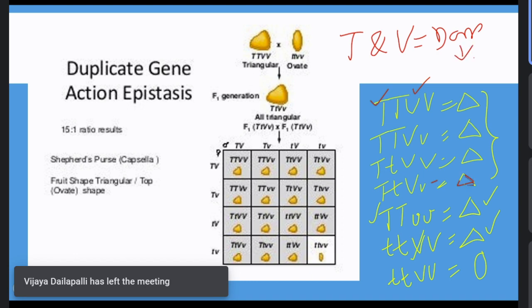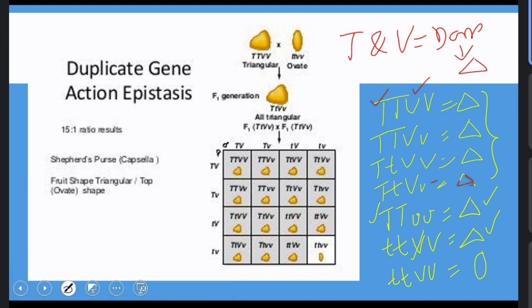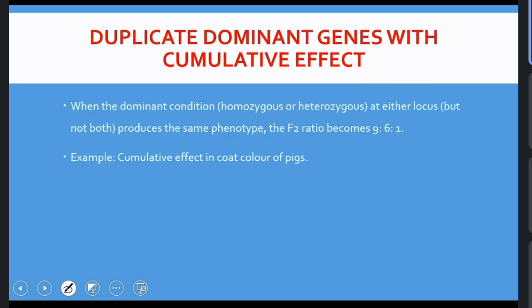They produce the same phenotype. In other words, they duplicate each other in dominant state. Hence, such an interaction is called duplicate gene interaction, the ratio of which is 15:1.